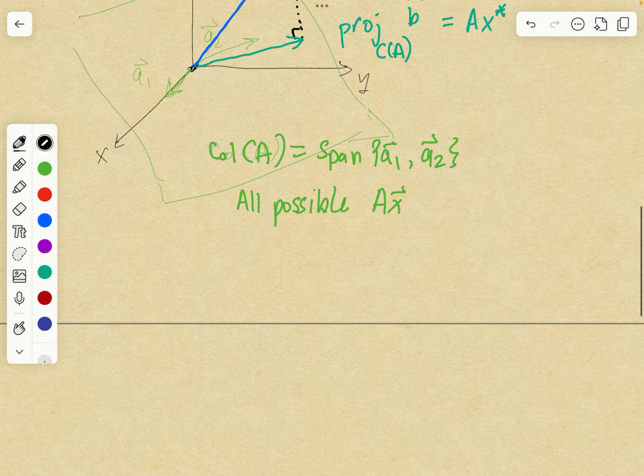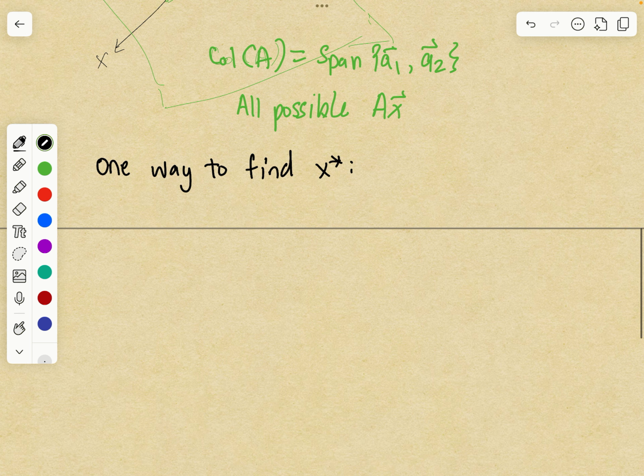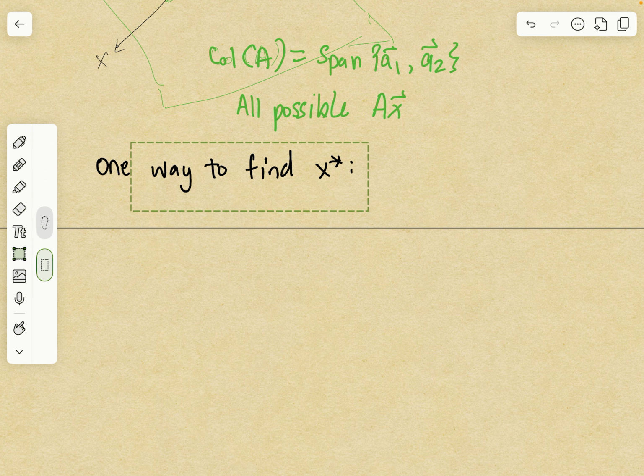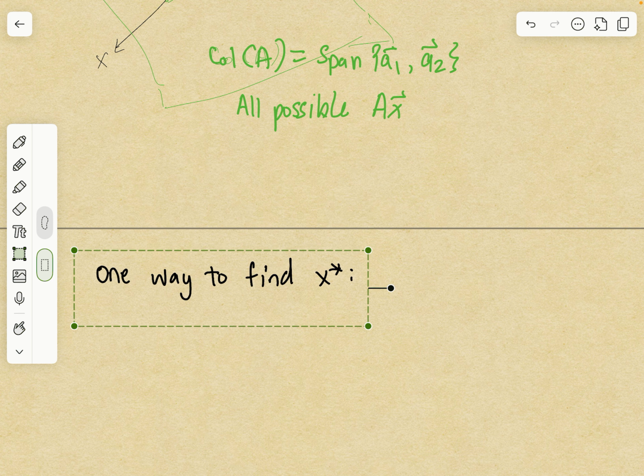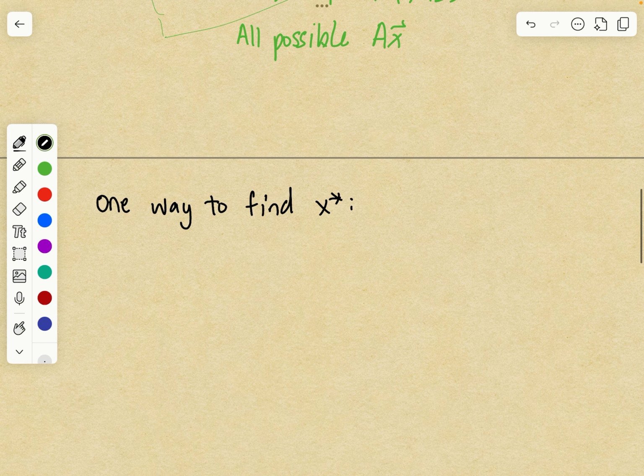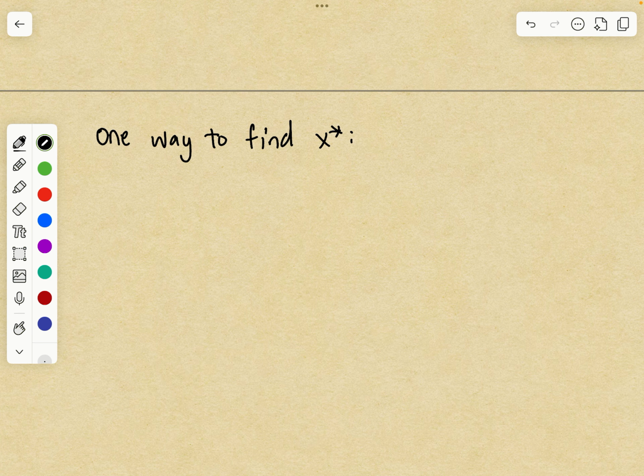So that leads us to one way to find X star. One way to find X star is to first find the projection of B onto the column space of A. And this is a good review for how to find that.